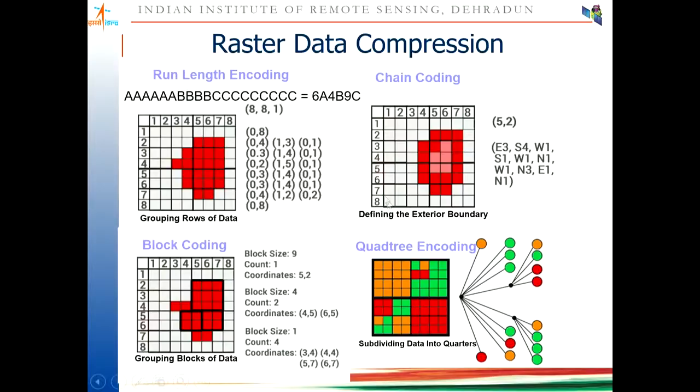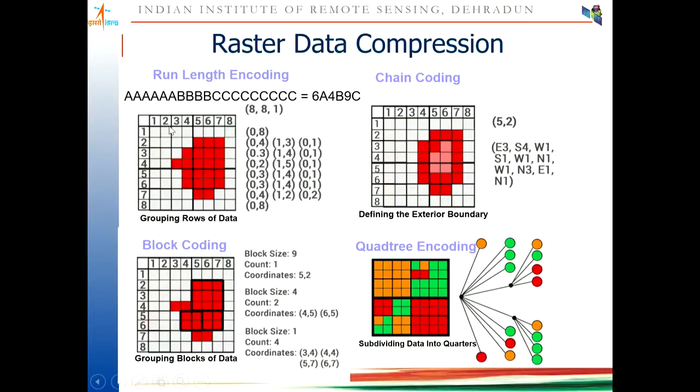As raster data contains the information for each of the grids, a few compression techniques are applied, because raster stores a lot of information. In the case of vector data sets, they store the information based on the geometry we have, but in the case of raster, apart from the basic features, we also need to store the other grid pixel values and so on.